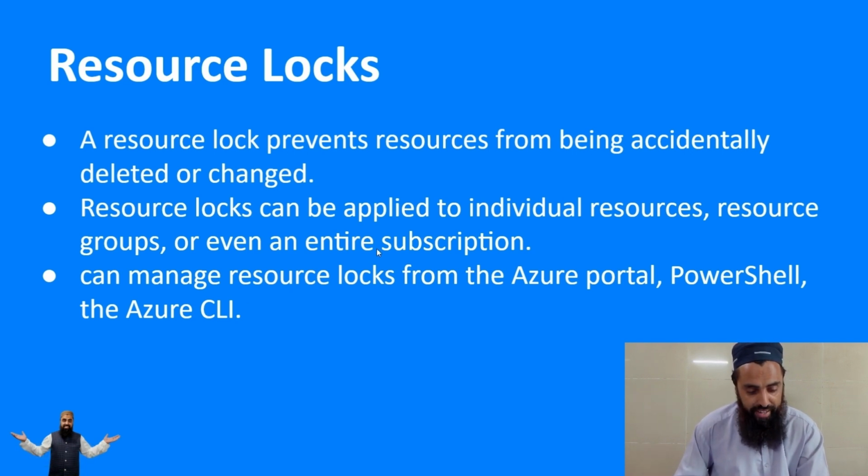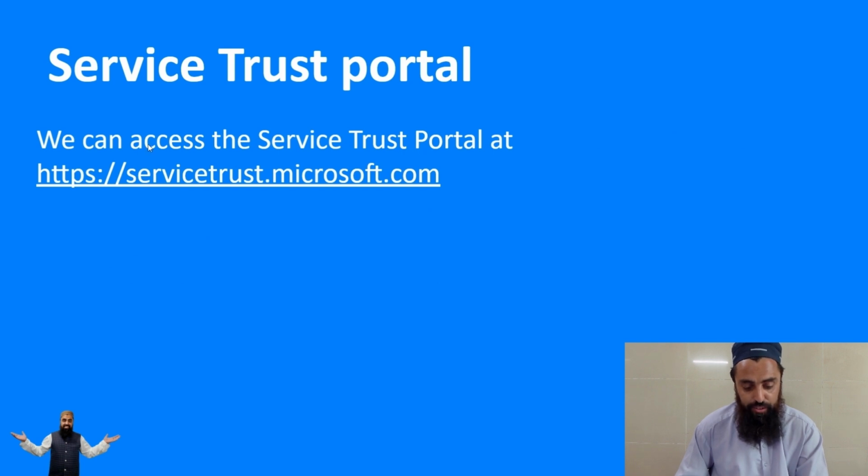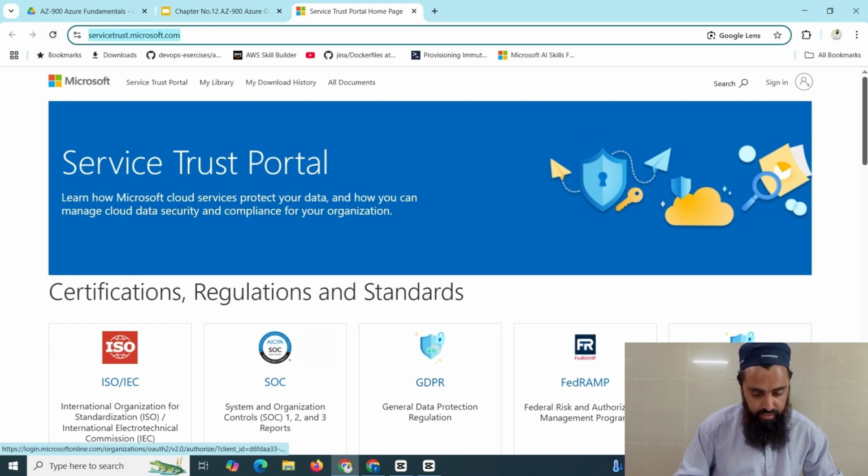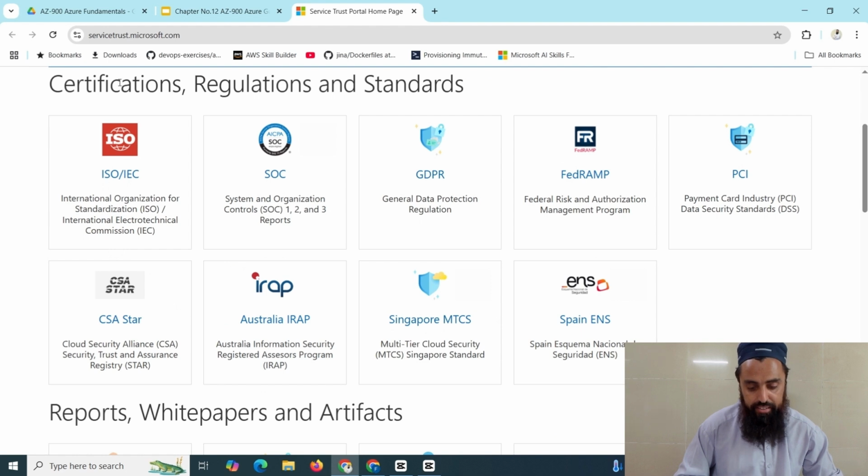All right, guys, now finally we have Service Trust Portal, and we can access the Service Trust Portal from this URL. Now let's see what it is. I just opened it, and we get everything about certifications, standards, and regulations on the Service Trust Portal. So we can access it from servicetrust.microsoft.com. And now you can see here certifications, regulations, and standards.